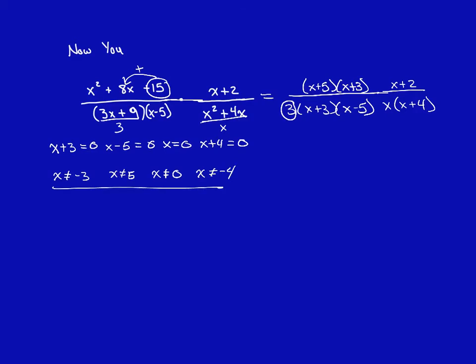And then we look to see what we can divide out. x plus 3 and x plus 3. And that looks like that's all that's going to divide out. So let's go ahead and write this out. We've got x plus 5 times x plus 2, and then 3x times x minus 5 times x plus 4.